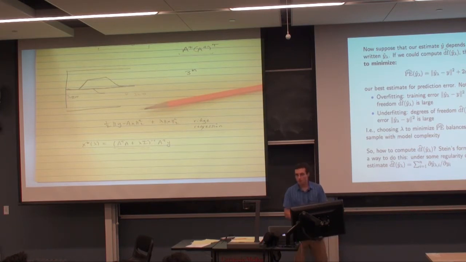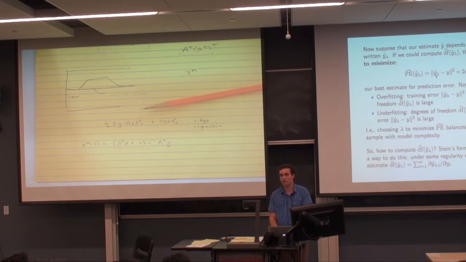But here's the punchline. If I observe some y, after I make some assumptions that I skipped over, I can form an unbiased estimate for the prediction error of my estimator as a function of lambda by taking the training error. This is how well y fits to y hat, the solution.